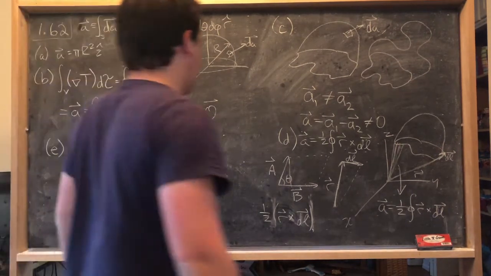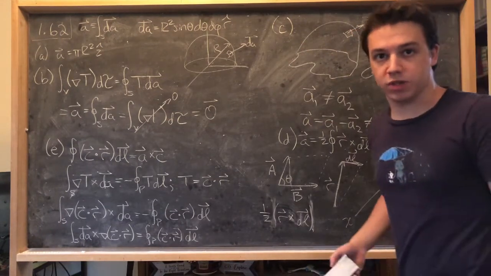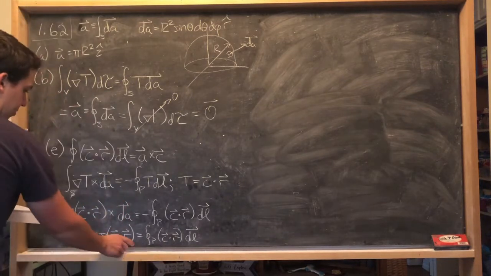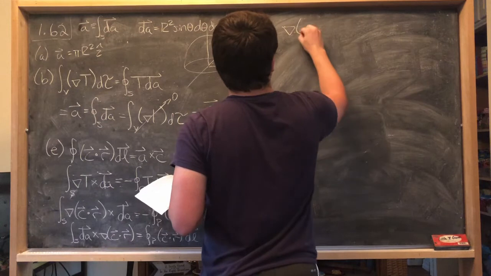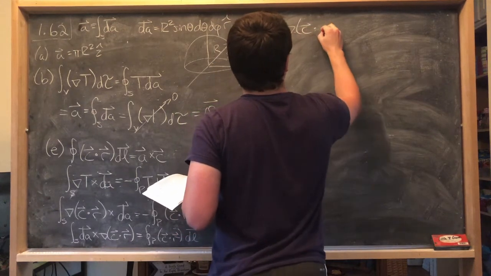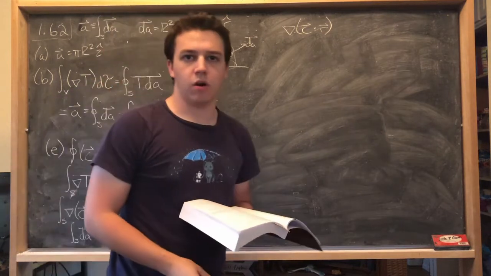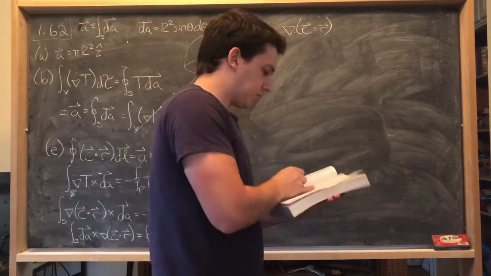Okay. I'm going to erase this side of the board to give myself a little bit more space. So let's focus on this term right here, the gradient of c dotted with r. Now what we can do is we can return to our product rules and expand this.